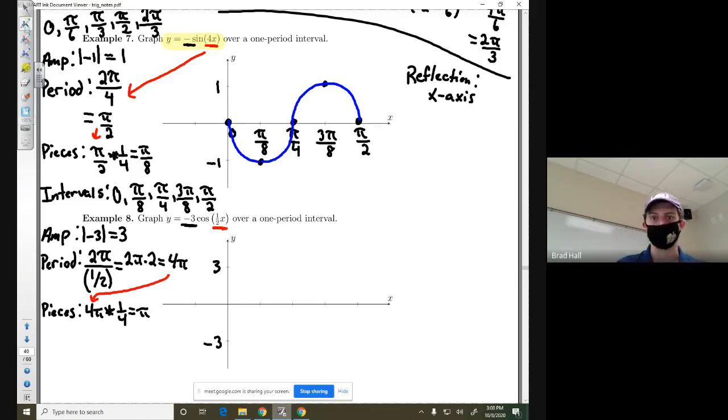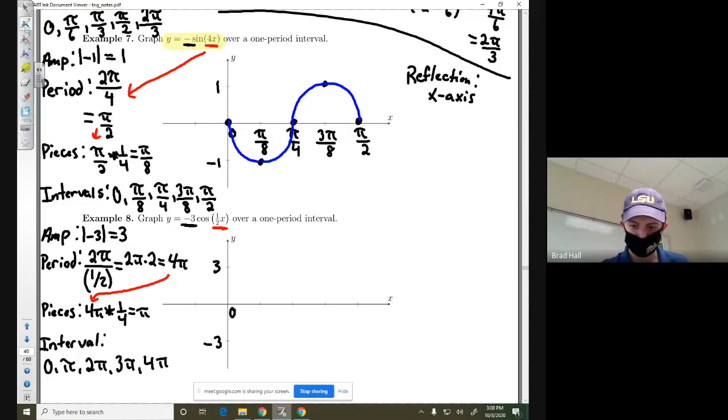Just increments of pi. It starts off at 0, you add pi to it, and then you keep adding pi to it. 2 pi, 3 pi, we need one more, 4 pi, which tells us 0, pi, 2 pi, 3 pi, 4 pi.